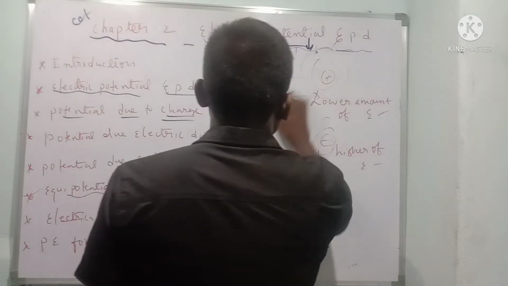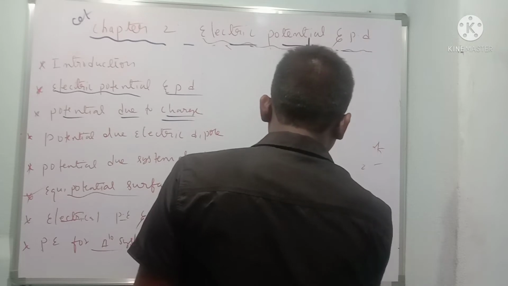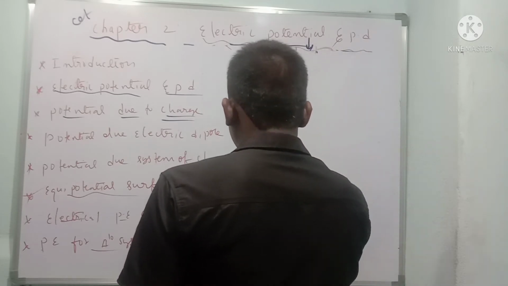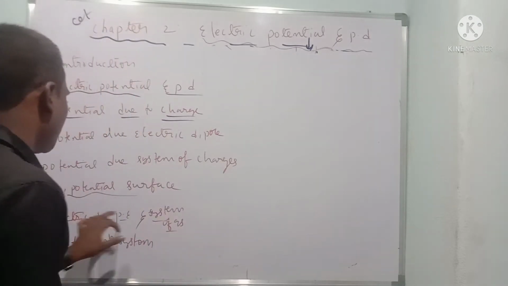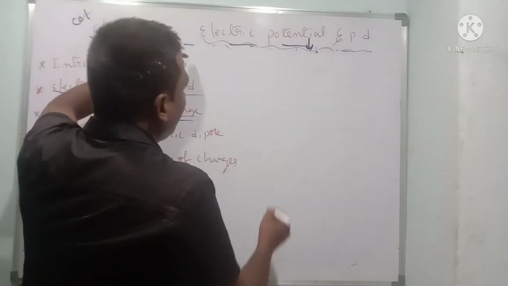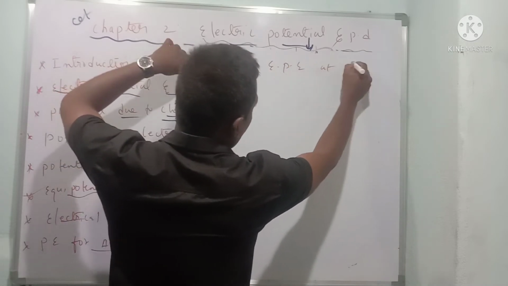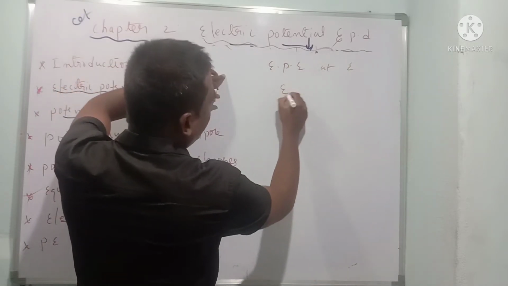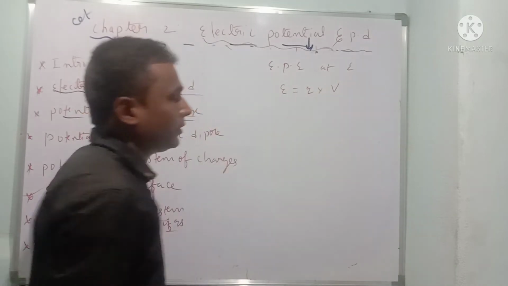So now, what is potential energy? You know that when we give work, charges will move from one point to another point, and that is called electric potential energy. So the electric potential energy at a point in the electric field is given by the product of charge and potential.